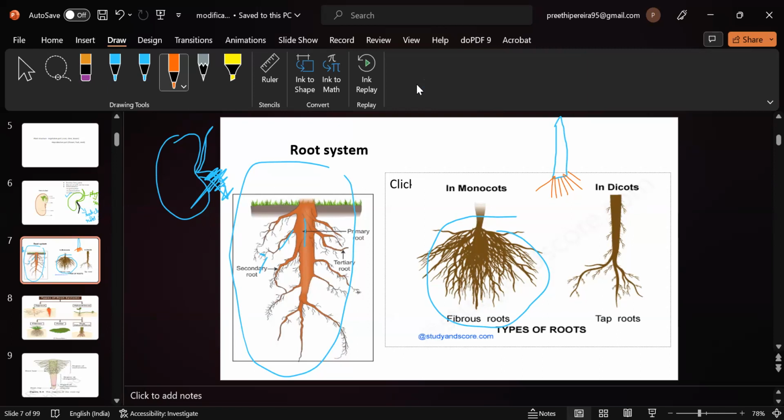That kind of root. So these roots originated from any part of the plant, but not from radical, right? It can be from plumule, but it didn't originate from radical. Technically, in a plant, who was supposed to give a root system?